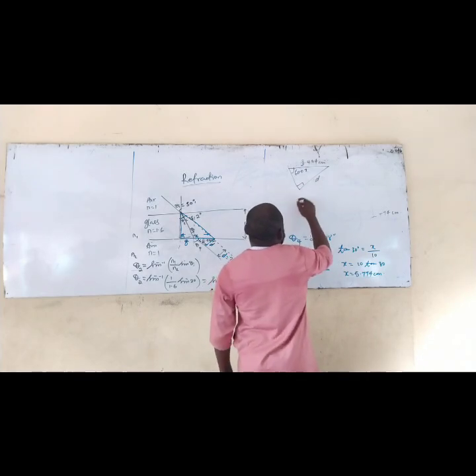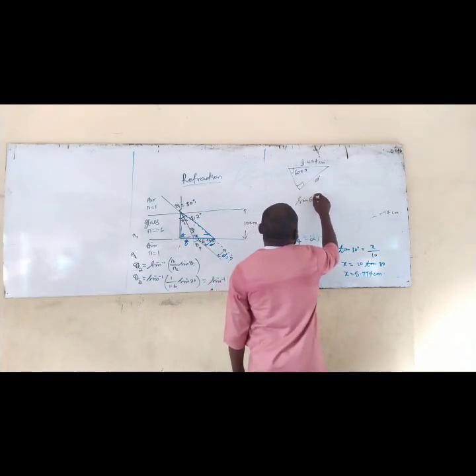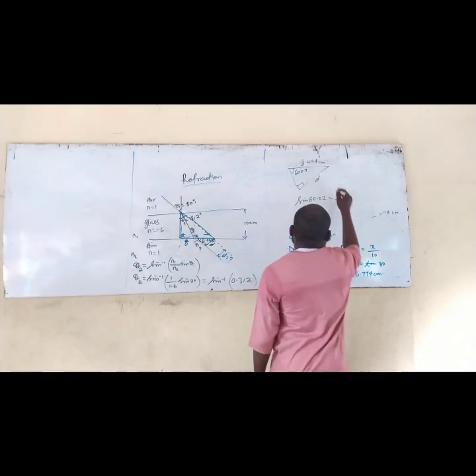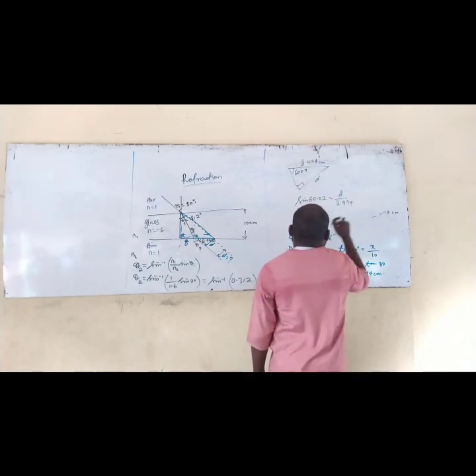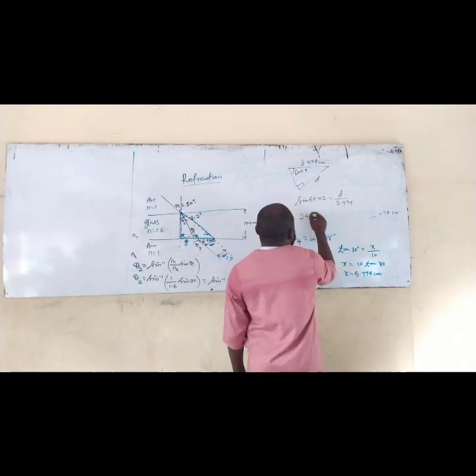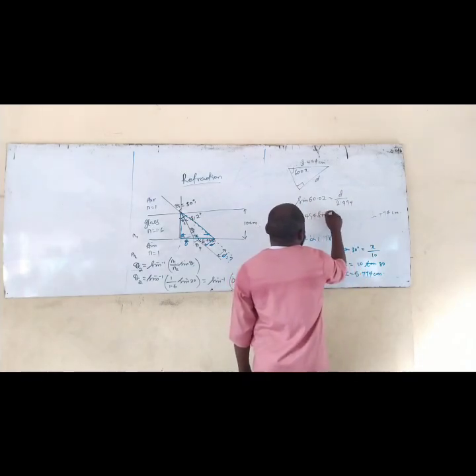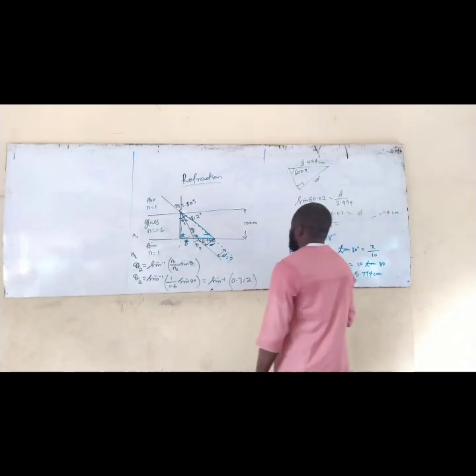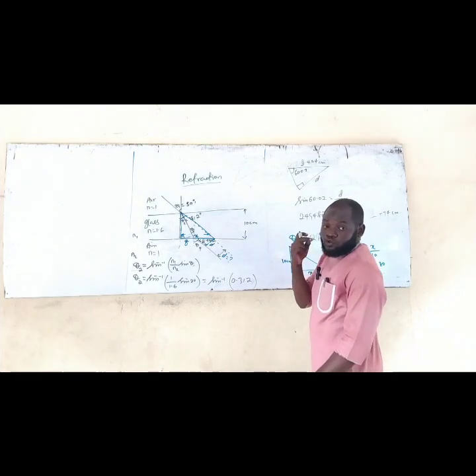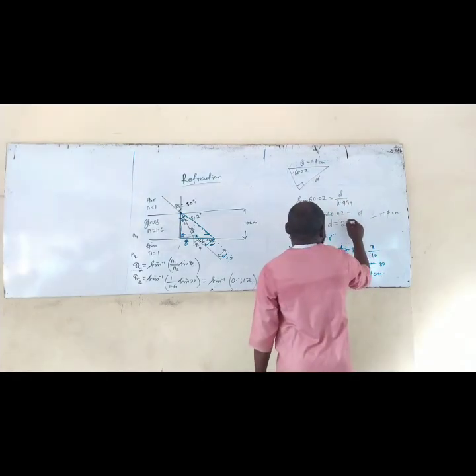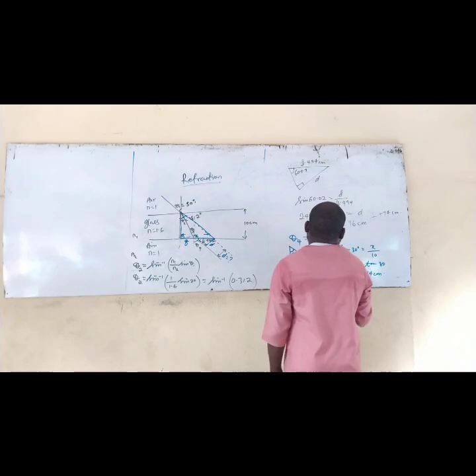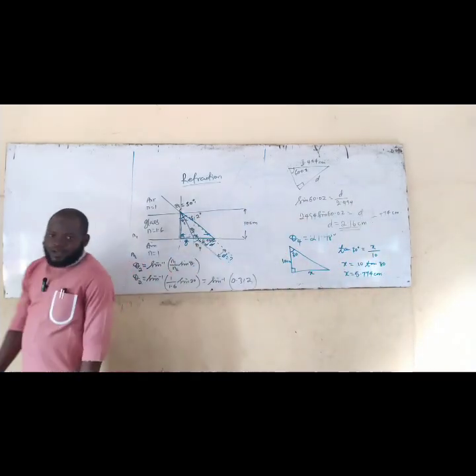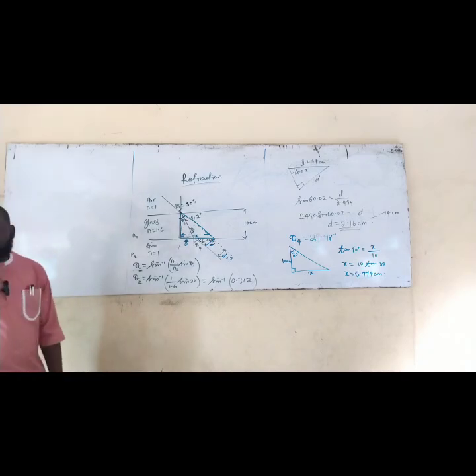So we can say the sine of 60.02 is opposite over hypotenuse, which is 2.494. So when you cross multiply, 2.494 sine of 60.02 will give us D. So what's the answer? 2.16. So we have 2.16 centimeter. That will be our result. Have you seen the distance D now?